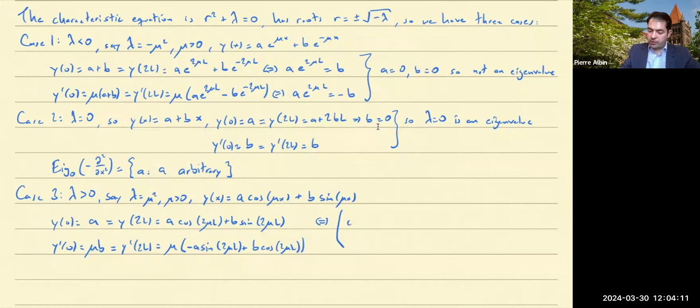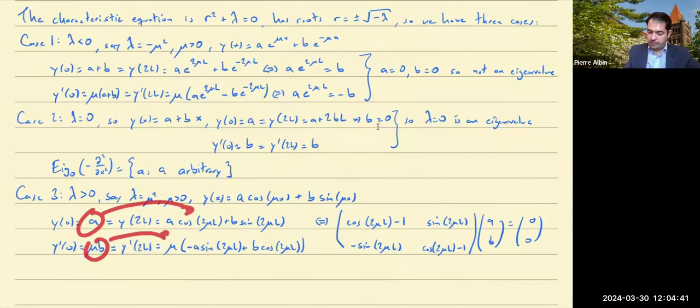So the coefficients of a, I would have cosine 2 mu L minus 1 and minus sine of 2 mu L. Then here's sine of 2 mu L and cosine 2 mu L minus 1. It's multiplying a, b equals 0, 0. Right, so this is what we get if we put these on the right-hand side.